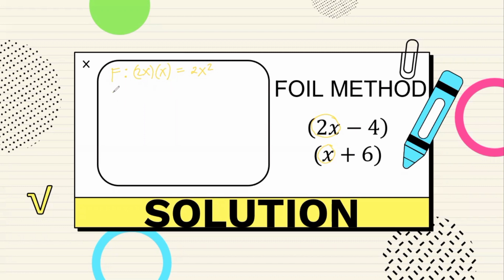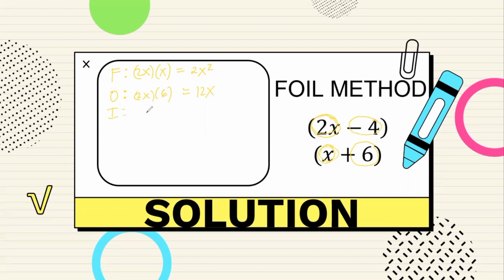After the first terms, we have to get the product of the outer terms. Nasa labas. Yung 2x pa rin, at saka yung positive 6. So, 2x times 6. Kaya, ang sagot natin kanina ay 12x. And that's correct. Okay? Next, how about the inner terms? Inner terms, yung nasa loob, we have negative 4 at saka x variable.